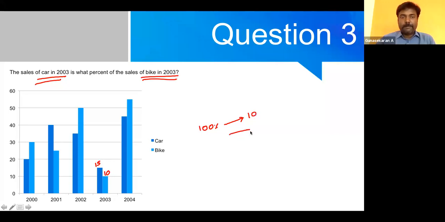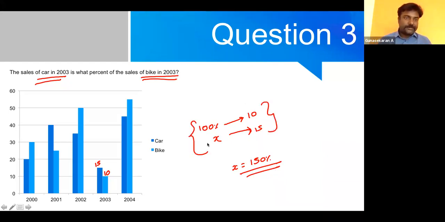Perfect. 15 is how much? Obviously, once you write like this, you will understand. Once you see it, you will say the answer. If you use a formula, only after application you can say. But once you write it, 10 itself is 100%, extra 5 is 50%, so 150%. That's all. In that way, it will work.